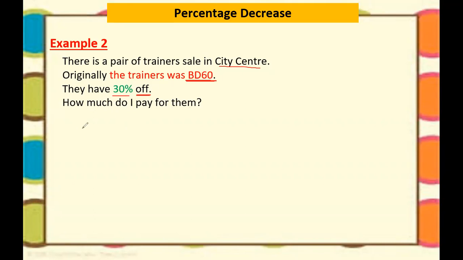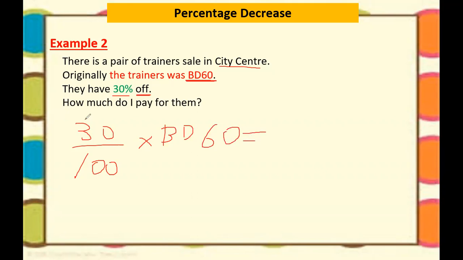So let's write now 30% first. 30 over 100 times 60 dinars. Okay? So now we can multiply. 3 times 6 is 18.